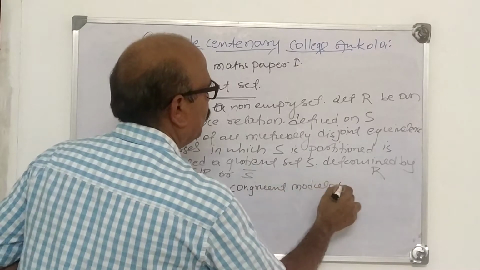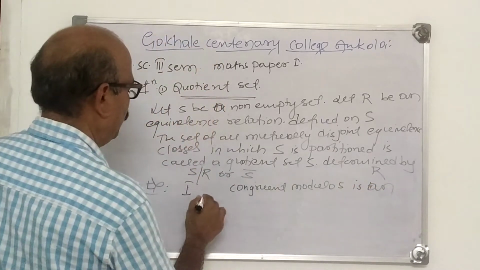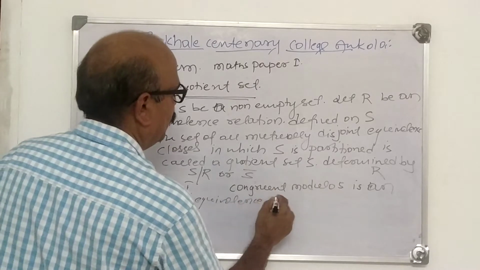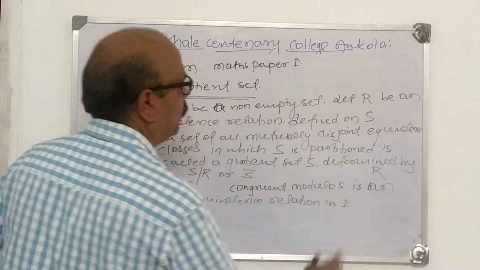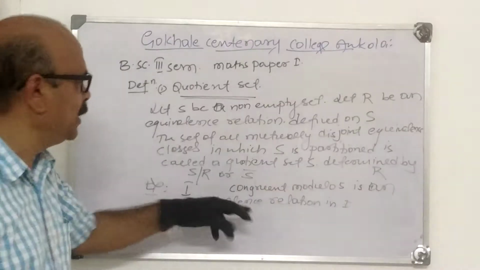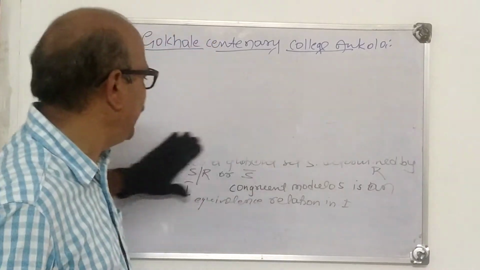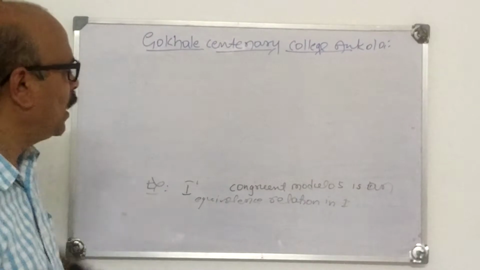Congruent modulo 5 is an equivalence relation in I. This example we have already discussed.